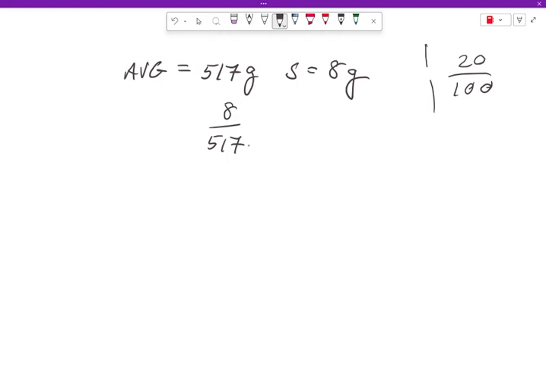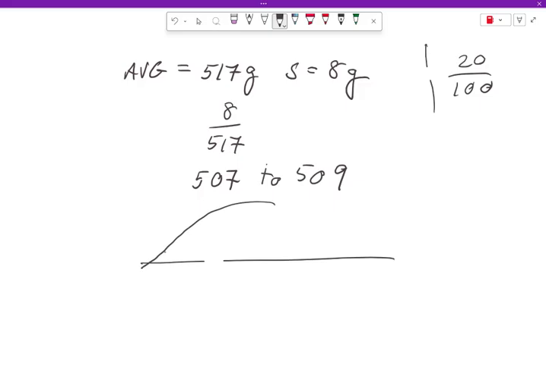I want the probability that I have between 507 to 509. This is a very narrow range. Here's the picture. 517. If I go up one standard deviation, 517 plus 8 is 525.